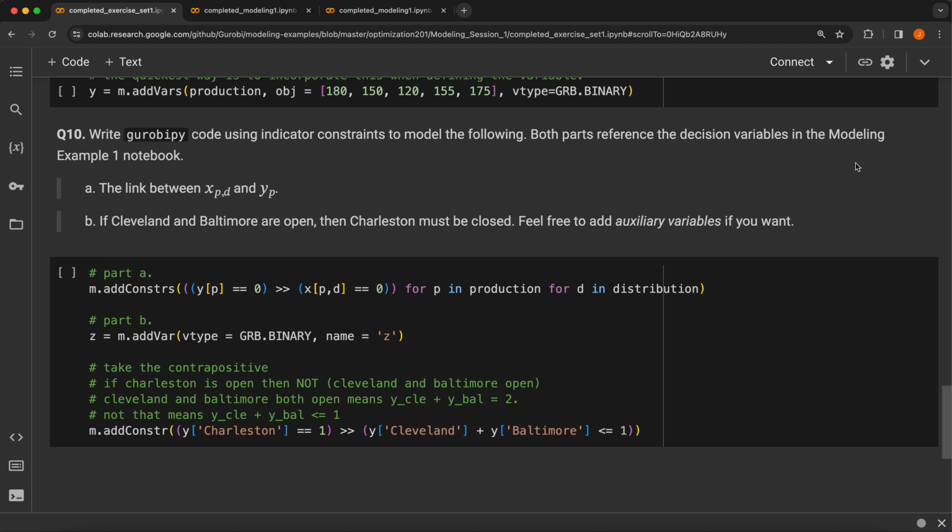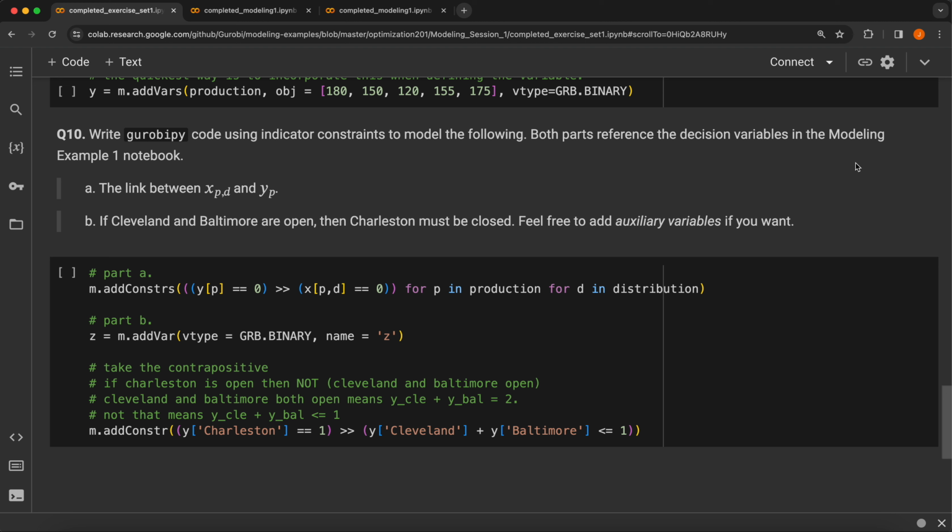The contrapositive of that is if YP is 0, meaning it's closed, then XPD must be 0 as well. That's saying that if the facility is closed, then we cannot make any widgets there.